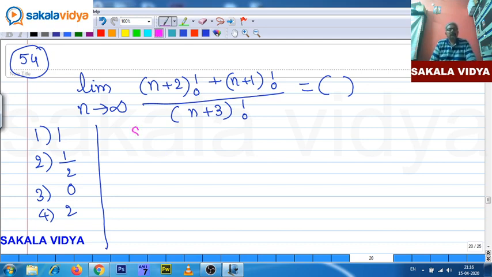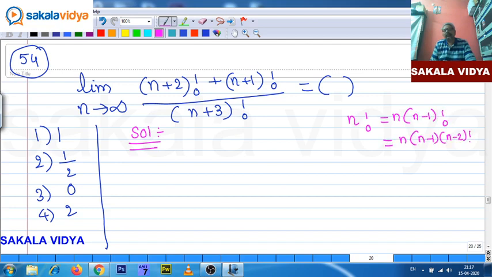So, now the solution. Factorial notation has the shifting property. That means n factorial can be written as n into (n minus 1) factorial, or the same thing you can write as n into (n minus 1) into (n minus 2) factorial, and like that we can write it. This is called the shifting property. The factorial has the shifting property.